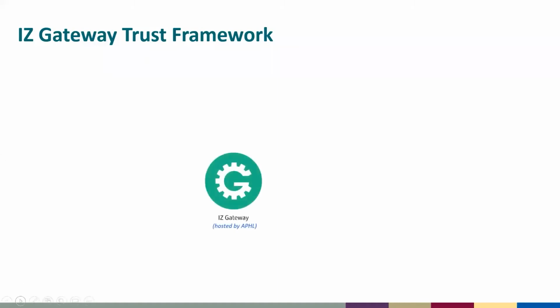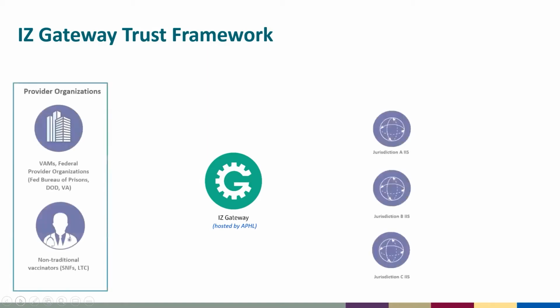So in the center of the legal framework is the IZ Gateway itself. And that is a platform hosted by the Association of Public Health Laboratories, which you're likely familiar has been longstanding in its provision of data services. Now go ahead, next slide. And what shows here are the different parties to the 3 different agreements we've been talking about, but we will be focusing on one particular one today. So on the right, those 3 vertical blue orbs represent different jurisdictions, whether they're states or territories.